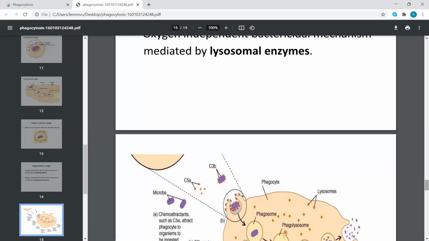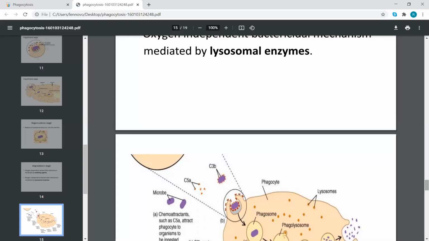So if you take oxygen, O2, and you reduce it using the hydrogen from the NADPH2, you'll produce reactive oxygen radicals like O2 minus. At the same time, you can break down water into OH minus.